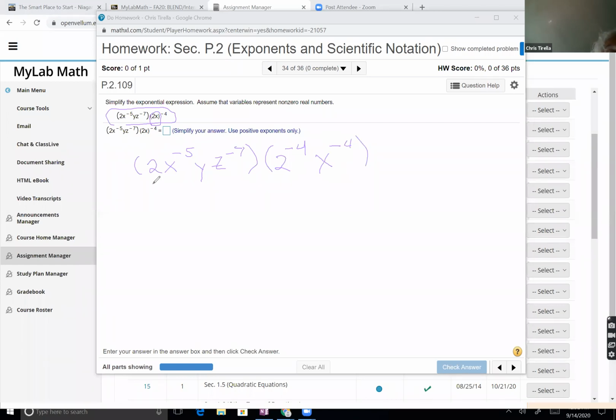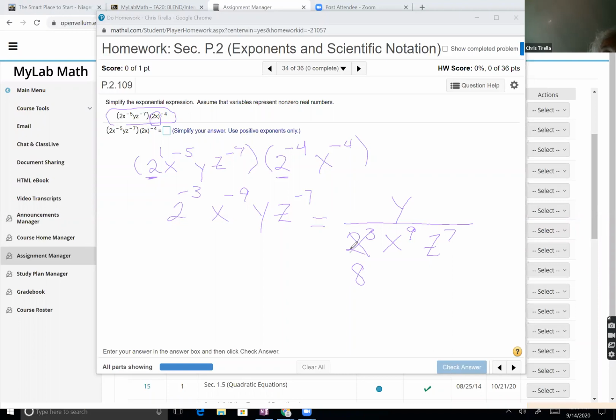Now, when I multiply on the same base, I add exponents. 1 plus -4 is -3. -5 plus -4 gives me x to the -9. The y and the z get left alone. And then when it says use positive exponents only, any factor that has a negative exponent will be rewritten with a positive exponent when it moves to the denominator of the fraction. Anything with a positive exponent is going to go in the numerator. And then with this one, we're not quite done. We have to replace the 2 to the 3rd with 8.